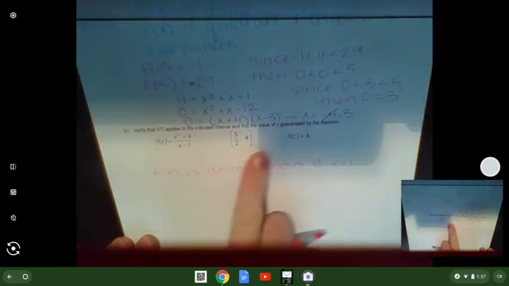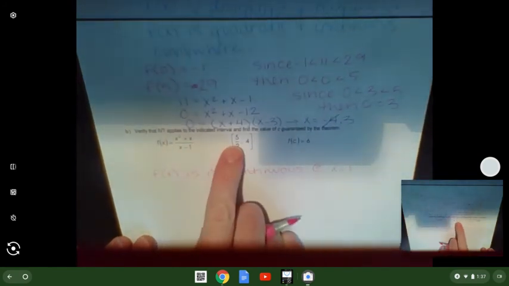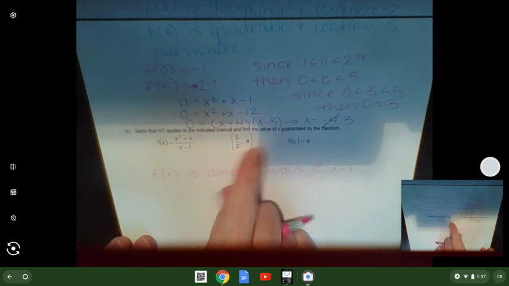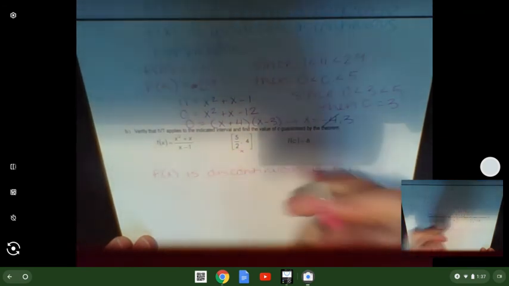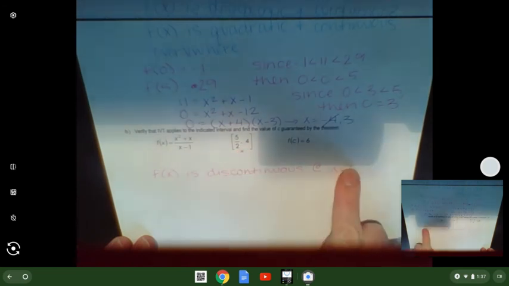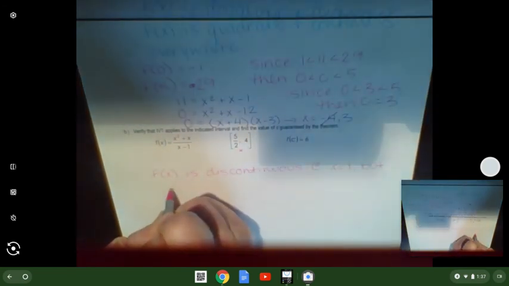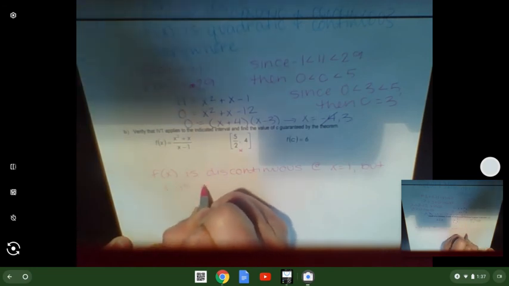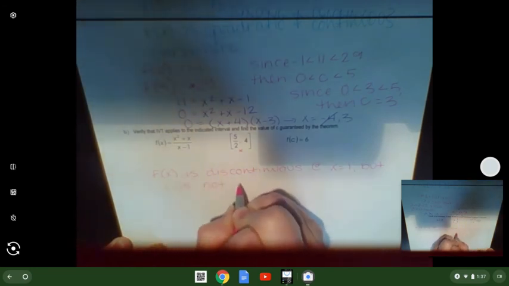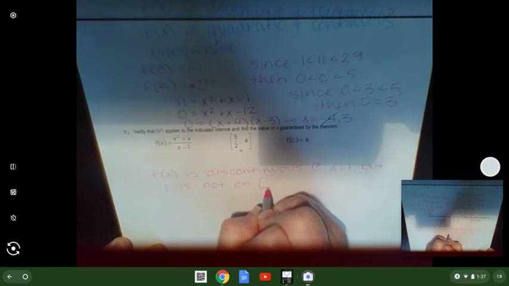However, the interval that we are looking at is 5/2 or 2.5 to 4. We are looking at x values of 2.5 to 4. But 1 is not on that interval. 1 is not on the interval of 5/2 to 4.